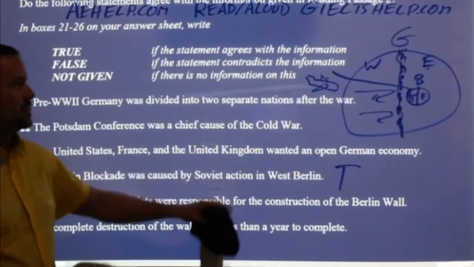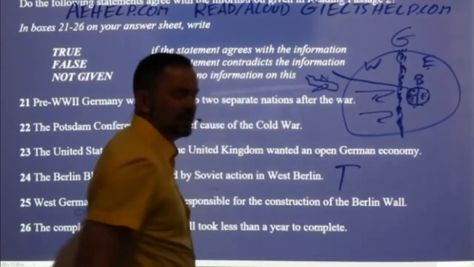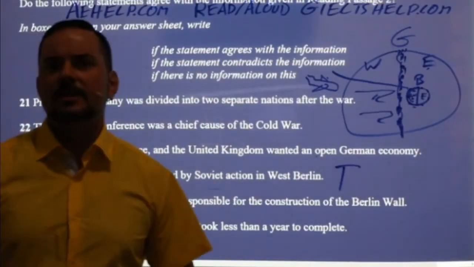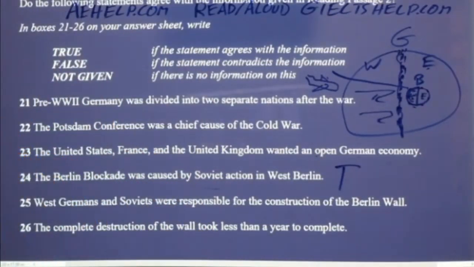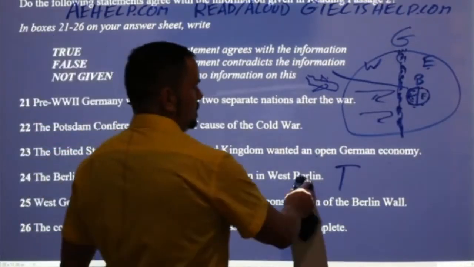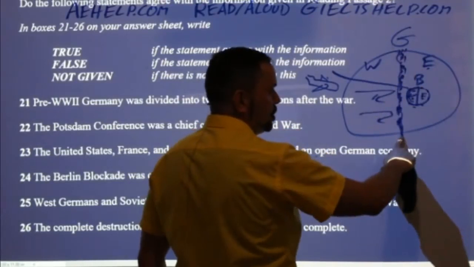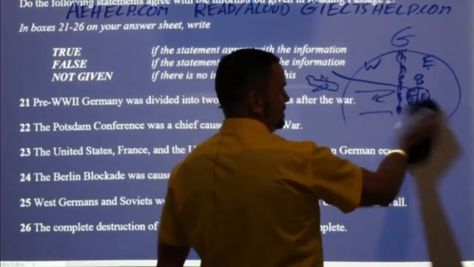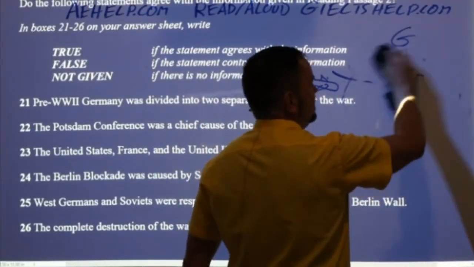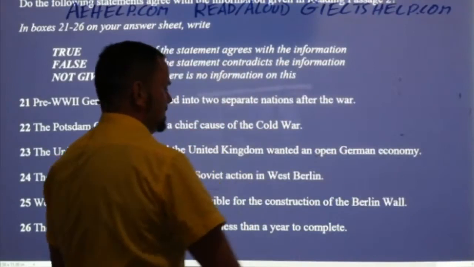So because the Soviets actually created the action in West Berlin, that was tricky, okay? But if you didn't get that, that's fine, okay? All right? So Soviets blockaded East Germany, which also blockaded West Berlin. Okay, that's a tricky one, but it's true.